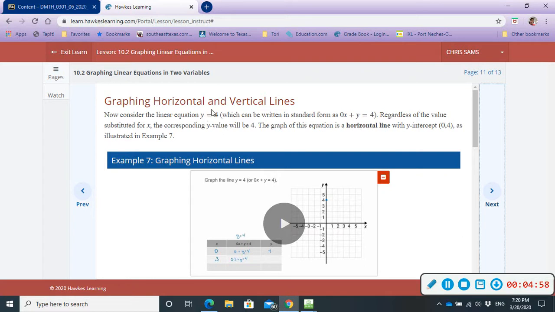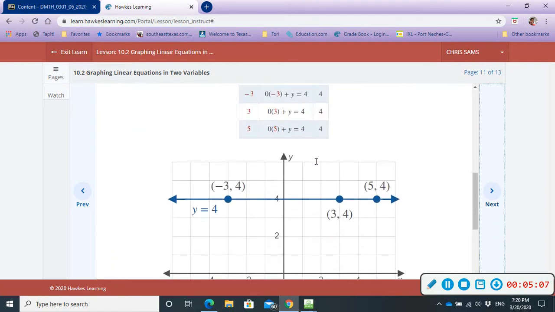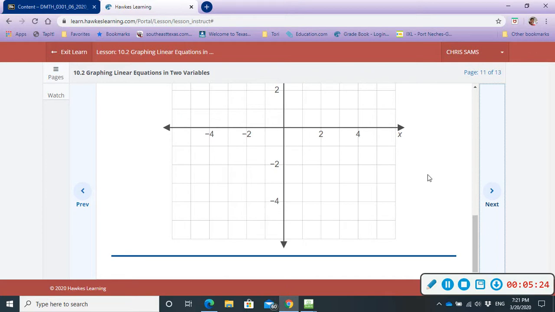That helps me remember: if it's a y equals, it crosses the y-axis, and that's it, at that number. You see this horizontal line crossing at 4, and you get different values for x: x is 3, x is 5, x is negative 3. X can be anything, so long as the second coordinate is 4 every time. That's why it's described as y equals 4.